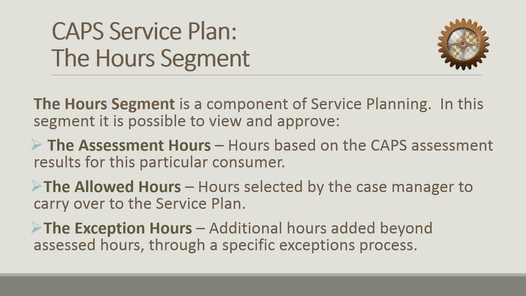So assessment hours are those hours based on the CAHPS assessment. So whenever you do a CAHPS assessment for OPI and finish that assessment, you're not only going to get an STL result, but you're going to get some hours that the person has earned as a result of their assessment based on the state algorithm in awarding those hours according to the need level.